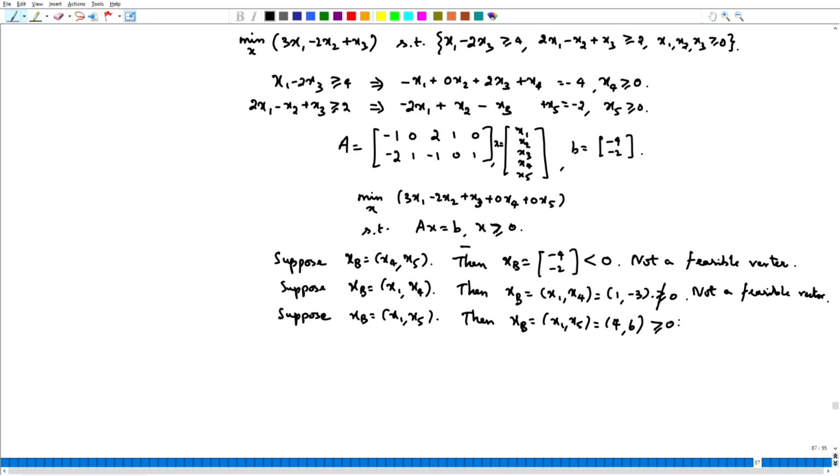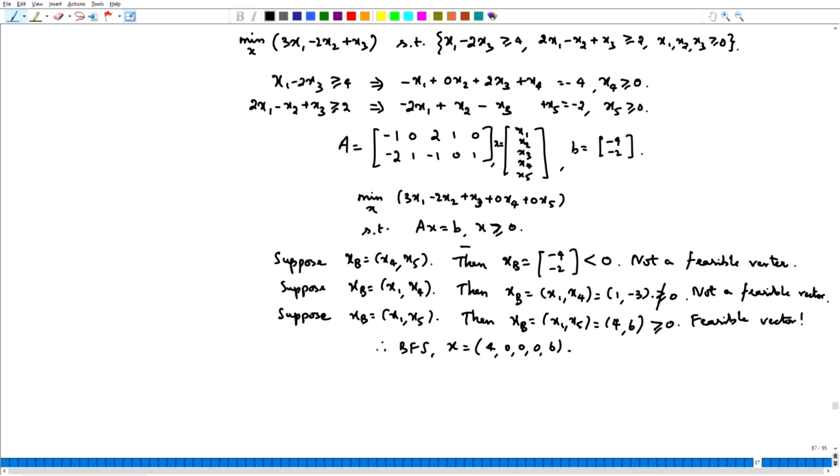So, this is certainly a feasible vector. Therefore, our basic feasible solution is x1 is 4, x2, x3, x4 are 0, and x5 is 6. We will start with this as the basic feasible solution.